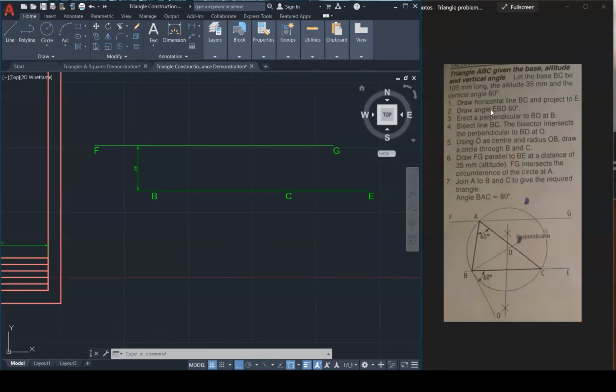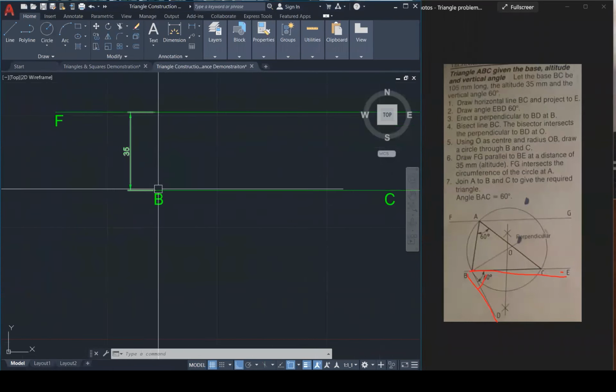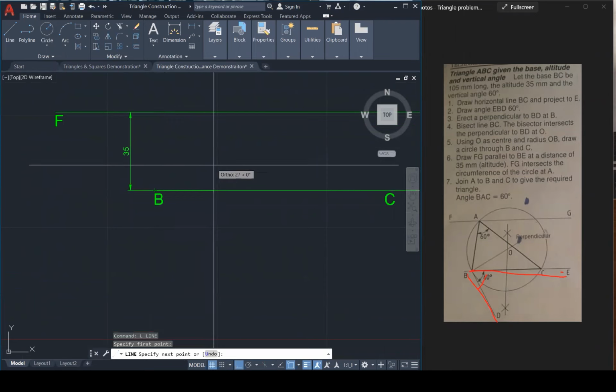Draw angle EBD at 60 degrees. So this angle, which is going to be here, E going to B, and then coming down here at D, is 60 degrees. So we're going to do that similarly to how we did the last one. Alpha line, and I just create my 60 degrees there.